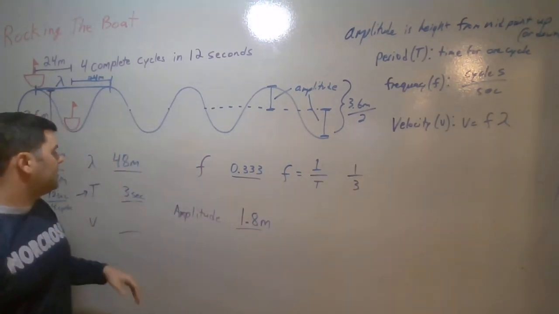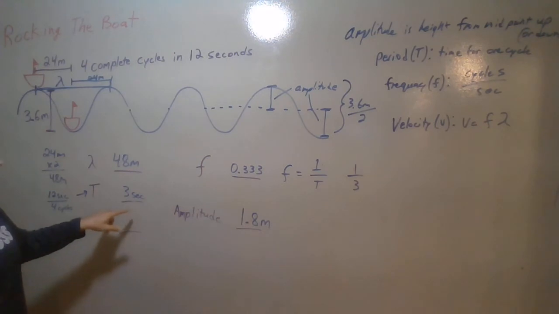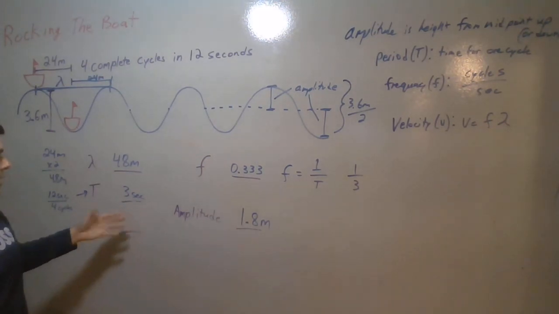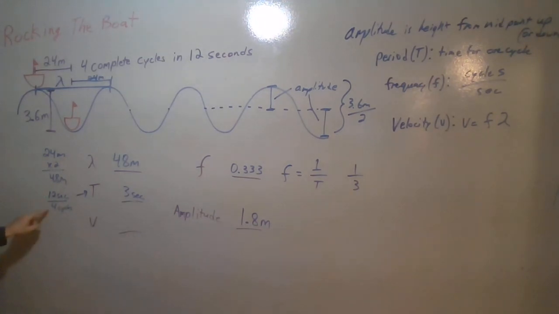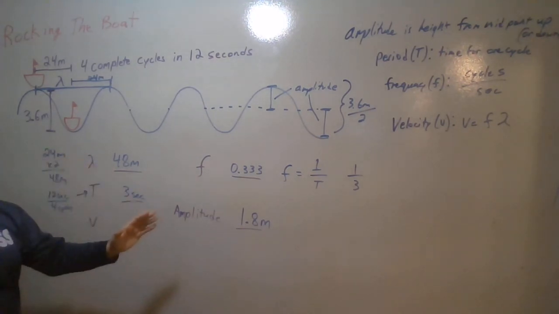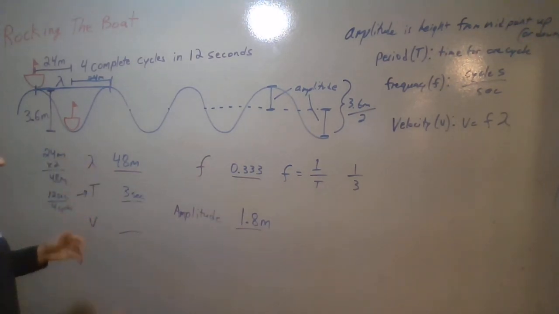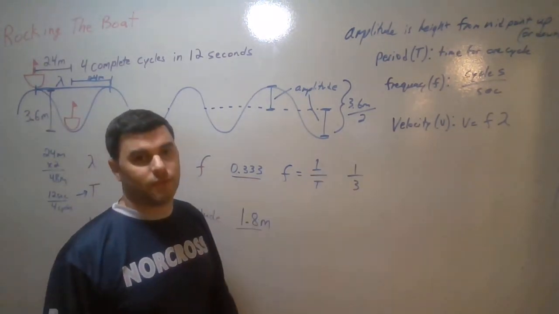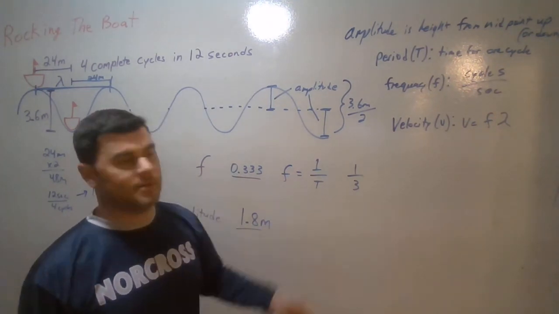The other way to do it is to use the period of 3 seconds, knowing there are 12 seconds and 4 cycles of the wave. We also know how long the wave is, and you can use that information to figure out how far the wave goes in terms of distance, and divide by time, how long it takes to go that distance. Very similar to using the velocity equation from our equation sheet, which is just frequency times wavelength, or f times lambda.